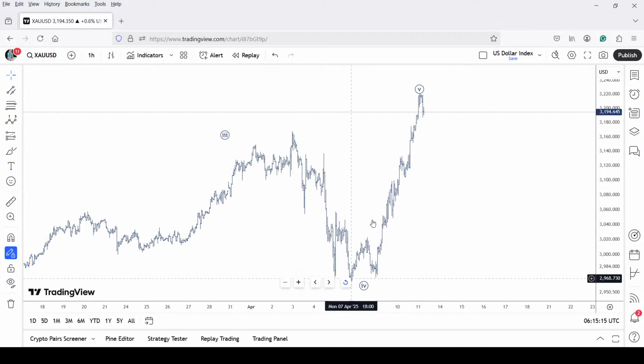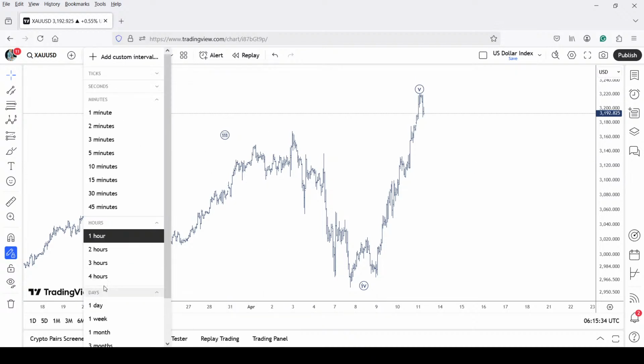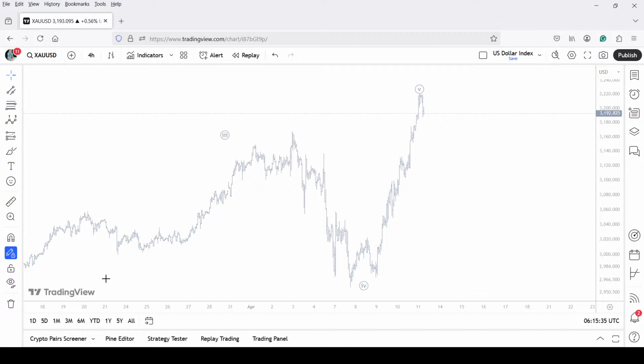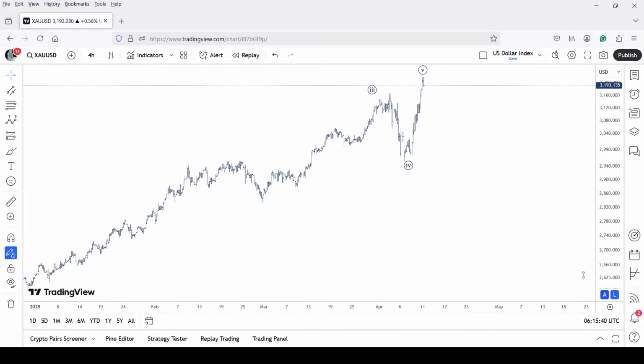If you go by wave 1, wave 2, wave 3, and then wave 4, the fifth wave is now extending with wave 1, 2, 3, wave 4, and maybe another wave 5 higher. So let's be prepared for one more high toward 3270, 3280, or around 3250. But tell you what, this could be the last leg.